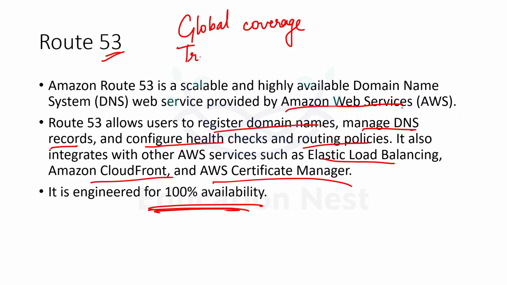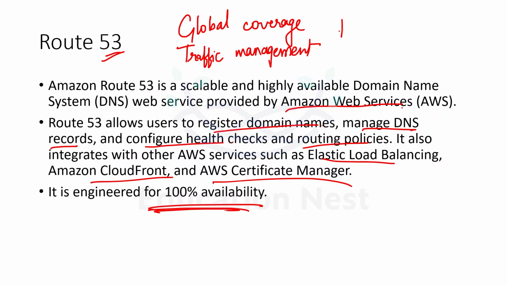Then the other feature is traffic management. Route 53 allows users to configure DNS based traffic routing policies such as weighted, round robin, latency based, and geolocation. We would be discussing all of those traffic management policies, or say routing policies, and how they work.